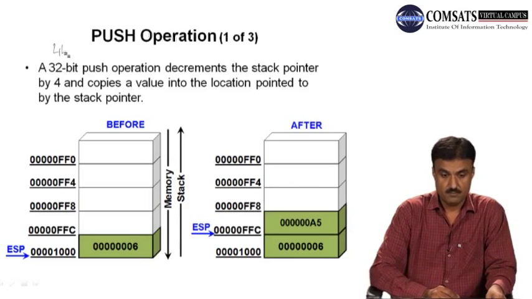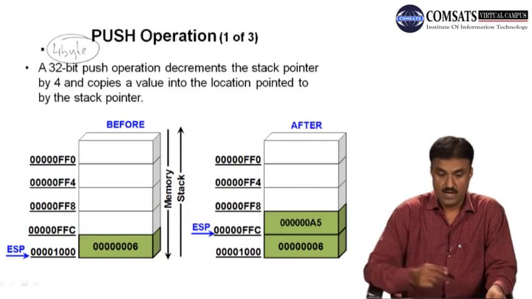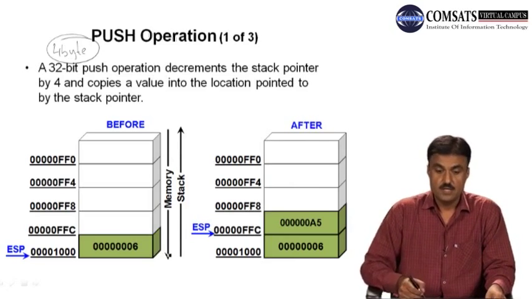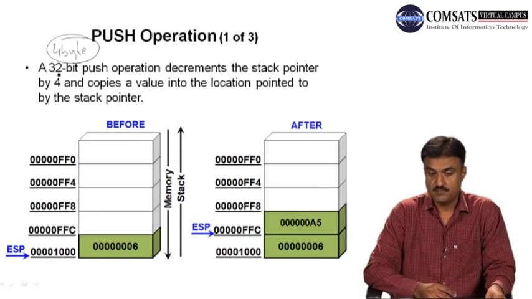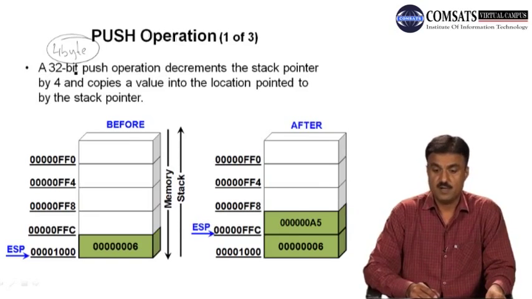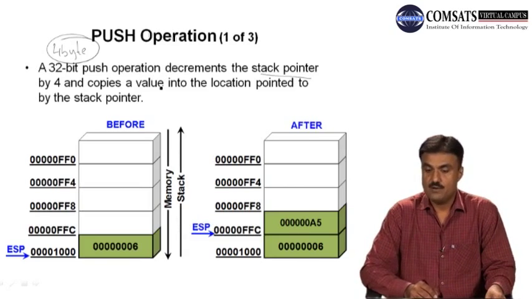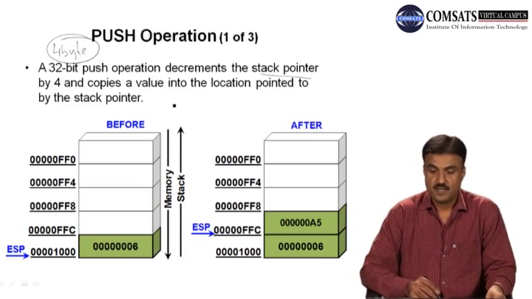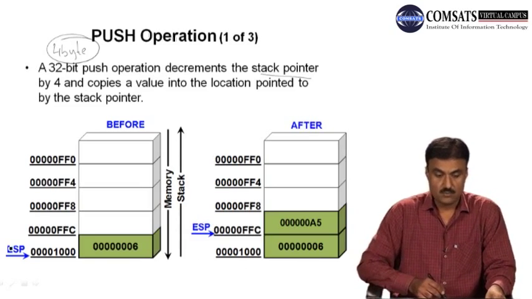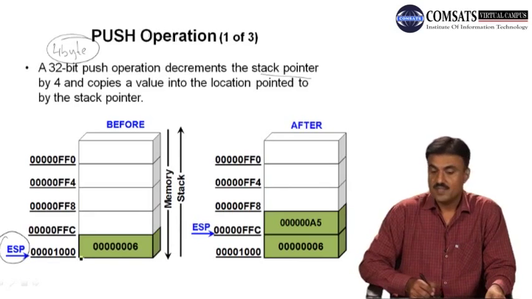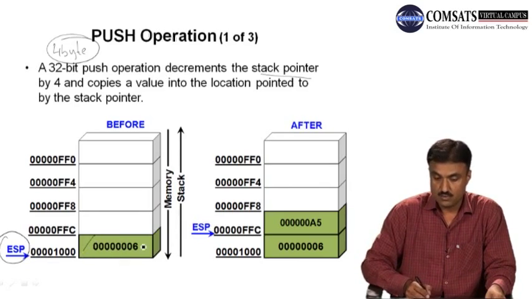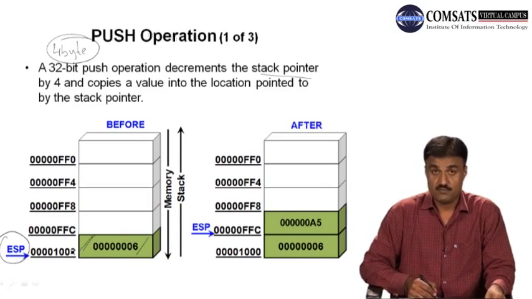Before performing this push operation, it first decrements the stack pointer by 4, because we are going to store 4 bytes, and copies the value into the location pointed to by the stack pointer. For example, initially the stack pointer was at this point, and a 4-byte value was stored between these 4 bytes from 100 to FFD.